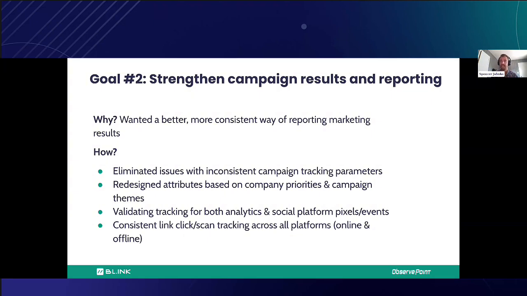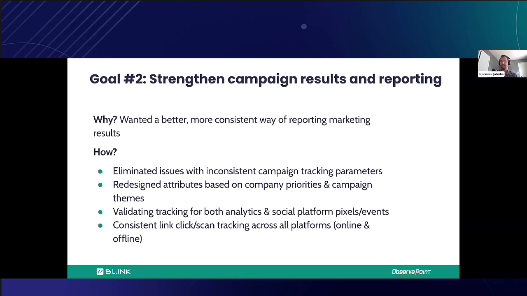The second piece, which was a pretty large undertaking at the start, but has provided a ton of additional tracking and segmentation opportunities for us, is we redesigned our attributes based on company priorities and campaign themes. So what we did was we added granularity to our reporting to identify and segment some really important targeting attributes for us.